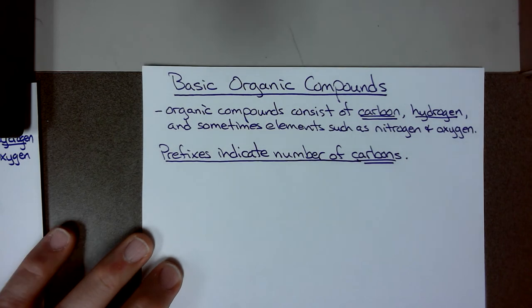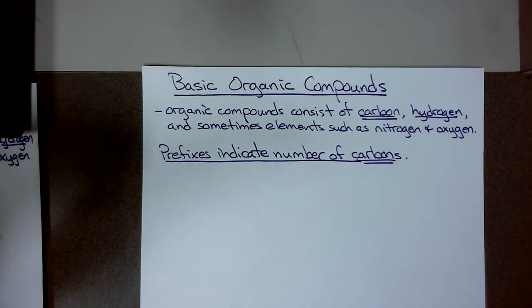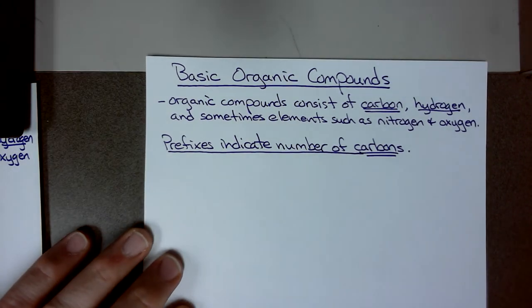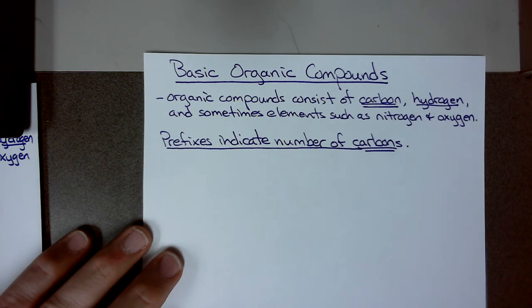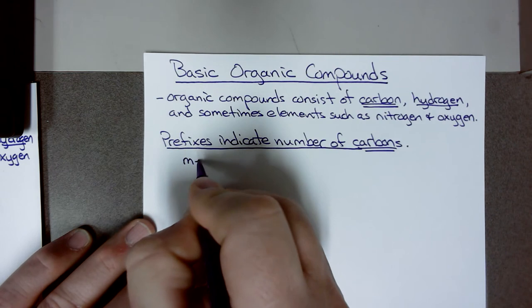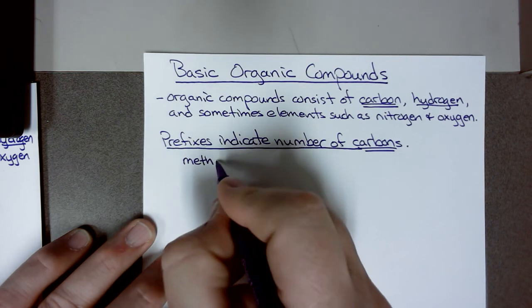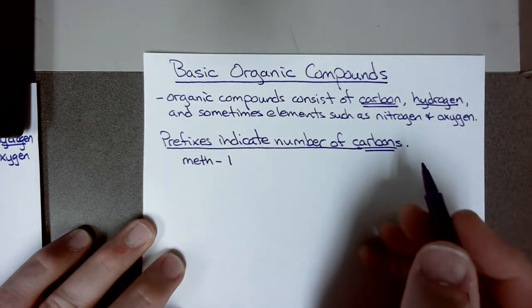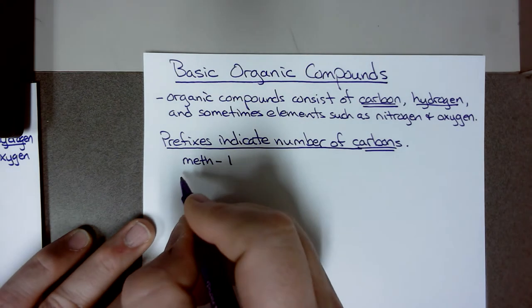Now, the first four prefixes are different, and then after that they revert back to the Greek prefixes we learned for binary covalent compounds. So the first four we'd have meth. If you have a meth prefix, that means one carbon, like methane, which is natural gas.